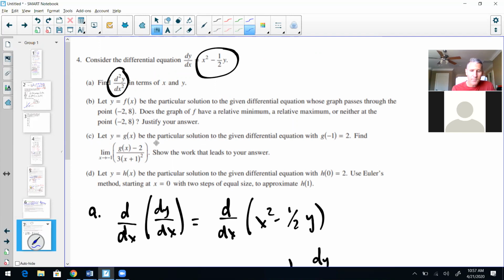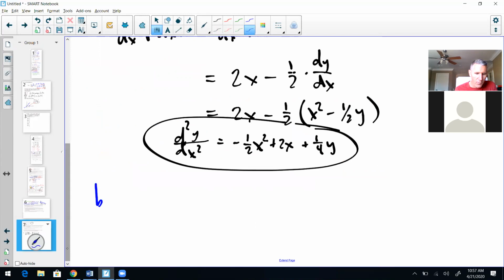Well, first of all, -2, 8 is on the graph of y. What they're asking for is, first of all, determine if the derivative is either equal to 0 or undefined at -2, 8.